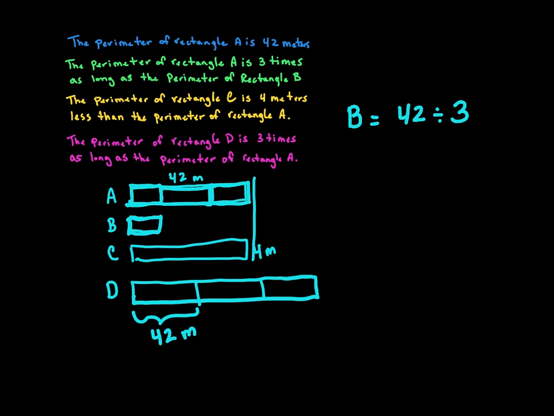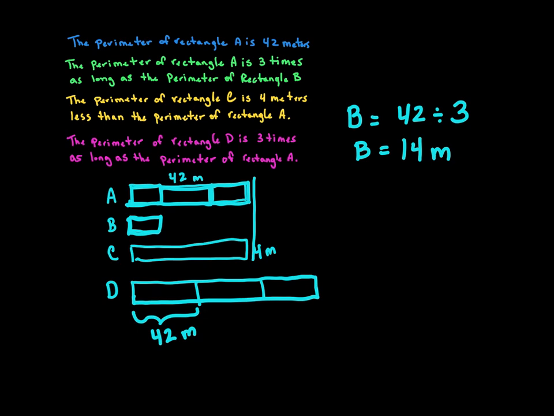So we're dividing by 3 to figure out just how much B by itself, that one lonely box, is. So this is the formula. So B is equal to 14. So B is 14 meters.